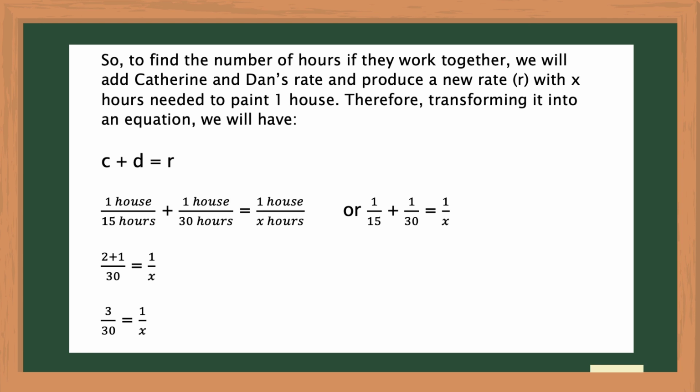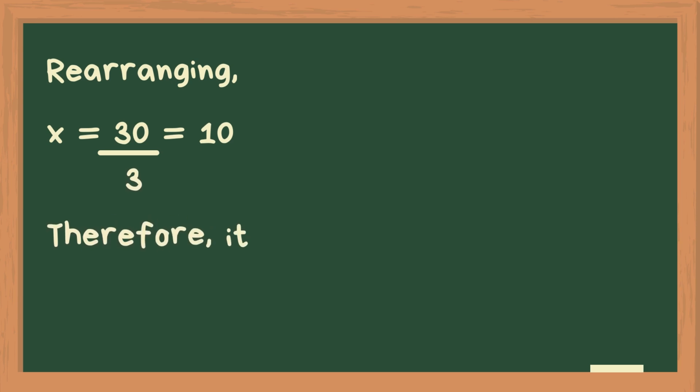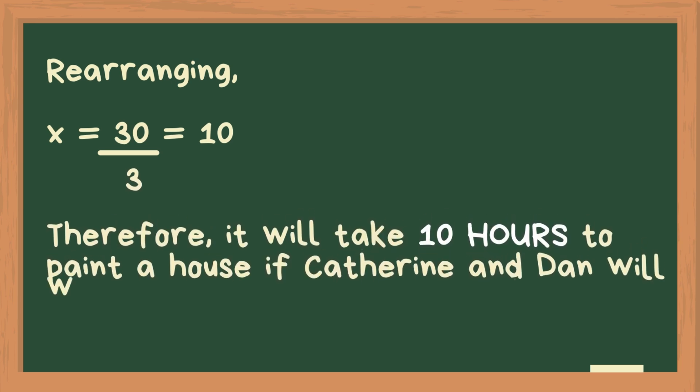Checking for the least common denominator for the left side of the equation, which is 30, it will become 2 plus 1 over 30, which is equal to 1 over x. Simplifying, 3 over 30 is equal to 1 over x, and then rearranging, x is equal to 30 over 3, which is equal to 10. Therefore, it will take 10 hours to paint the house if Catherine and Dan will work together.